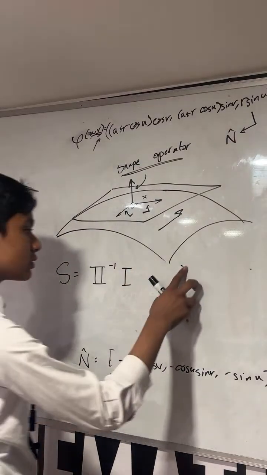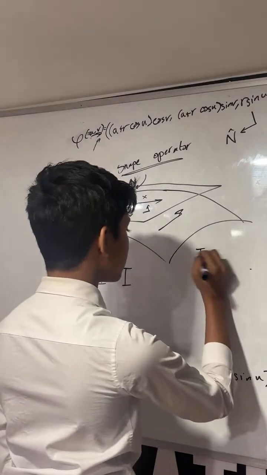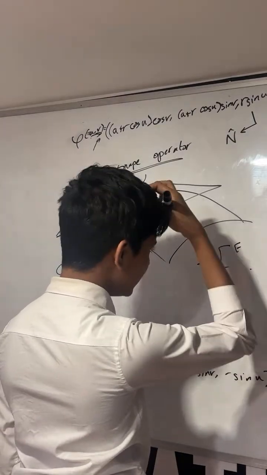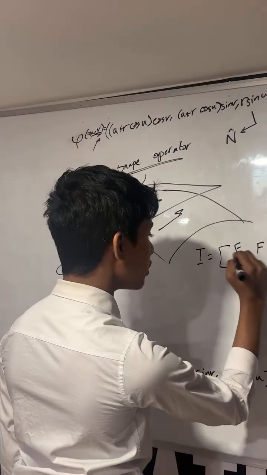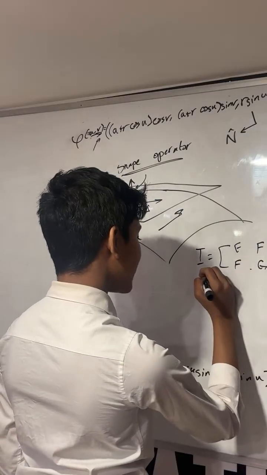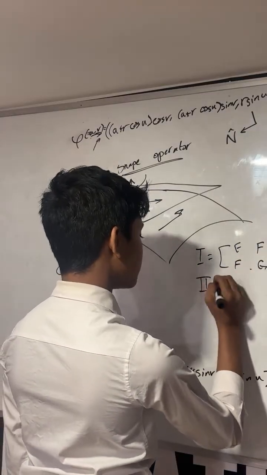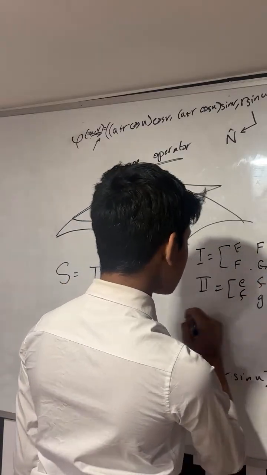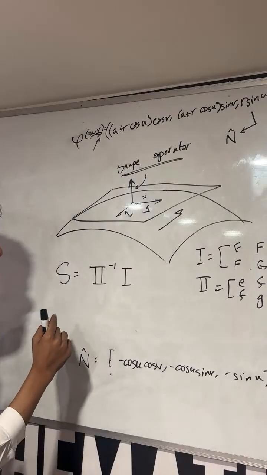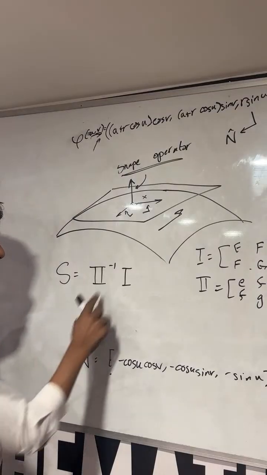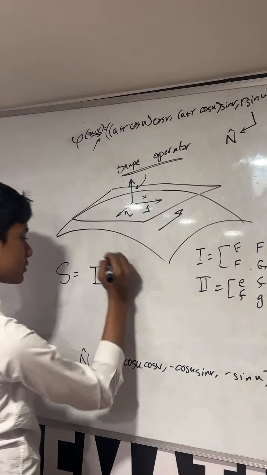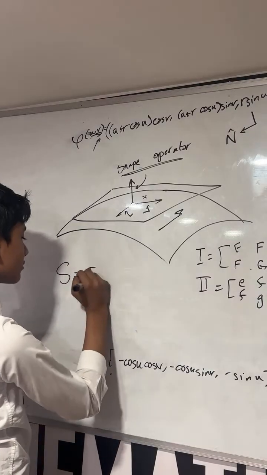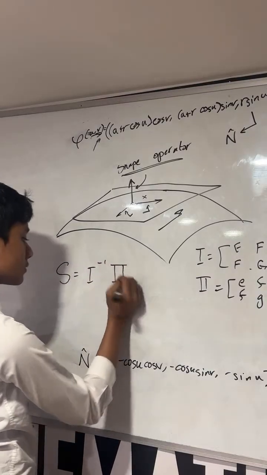Now, recall that the first fundamental form can be written as E, F, F, G, and yes, all of those are scalars. The second fundamental form can be written the same way. Oh, no, it's the first one that's inversed, multiplied by the second one.